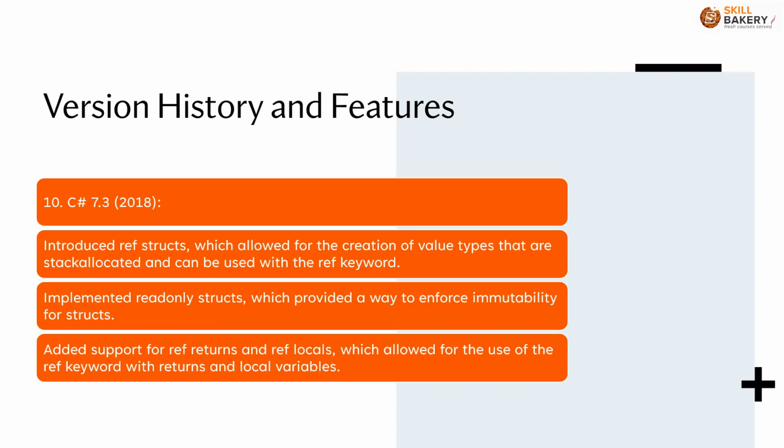With 7.3, we had ref structs, which allowed for the creation of value types that are stack allocated and can be used with the ref keyword. Implemented read-only structs, which provided a way to enforce immutability for structs. Added support for ref returns and ref locals, which allowed for the use of ref keyword with returns and local variables.